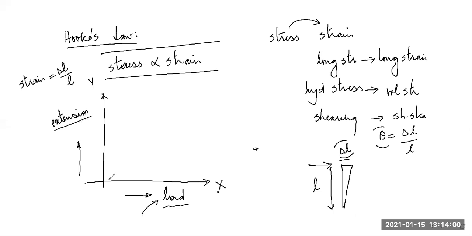If you apply this, it's interesting. It will be a straight line graph. Knowledge of mathematics tells us that a straight line graph is linear. Linear means directly proportional.